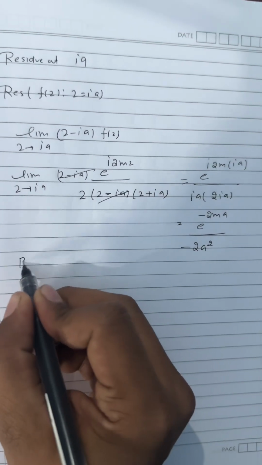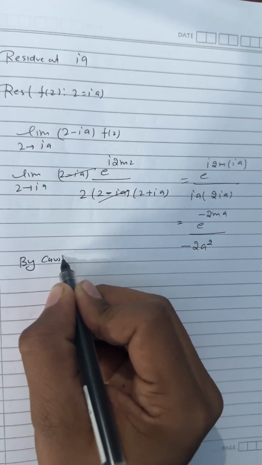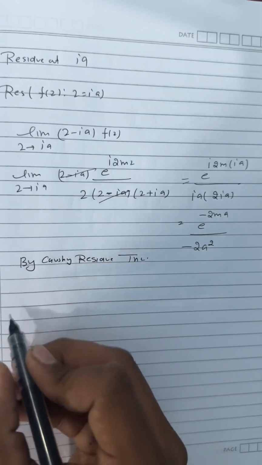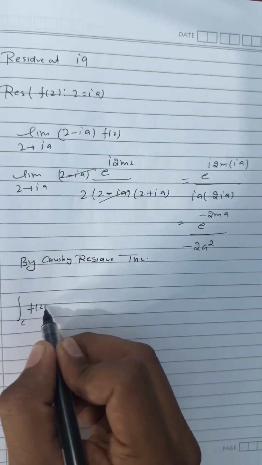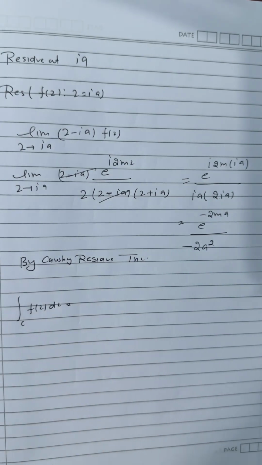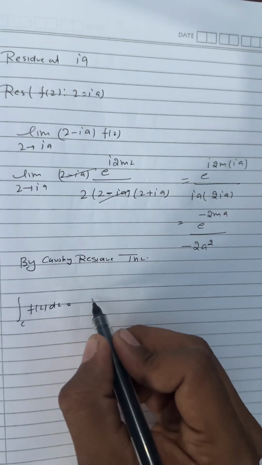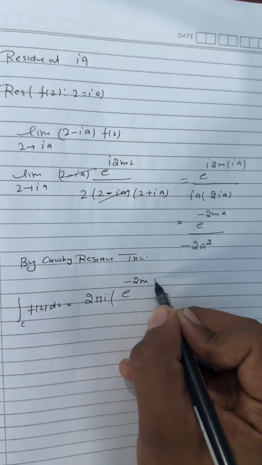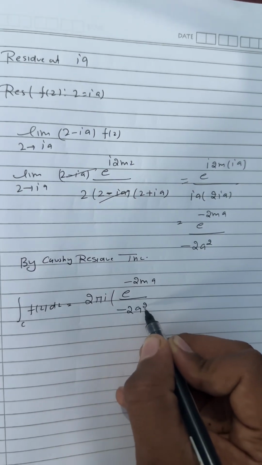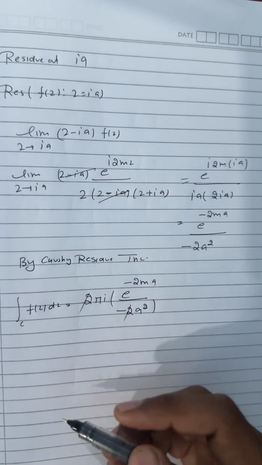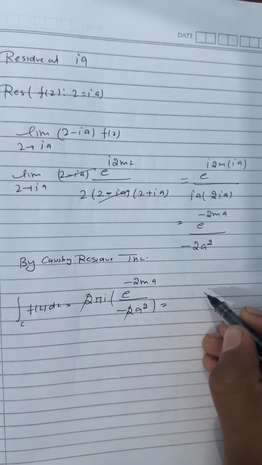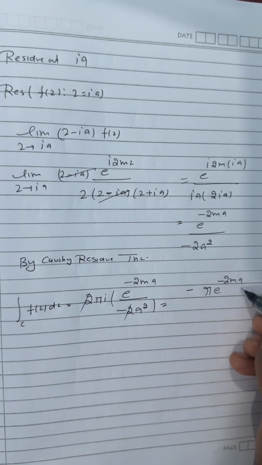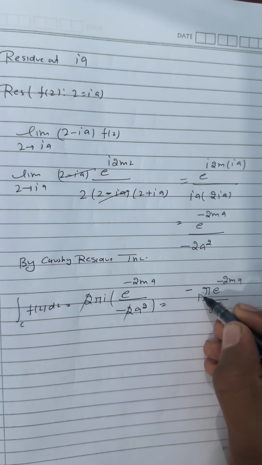So by the Cauchy residue theorem, what will be the integral of this function over the complex contour? We get 2 pi i times the sum of residues. Let's cancel this 2. That is minus pi times e raised to power minus 2ma divided by a square, and i is here.